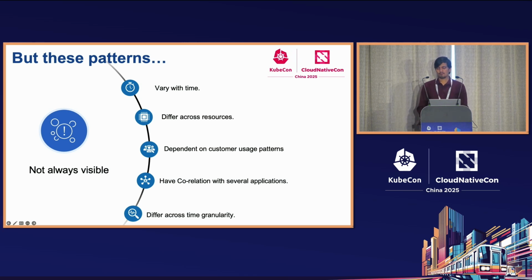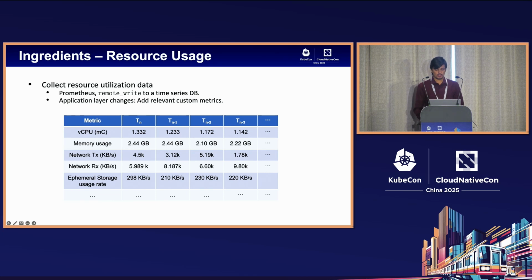And since we are building a platform, the first thing we should do right now is ingest and process data as the very first and basic step. So we start by ingesting the resource utilization data. One option is to do it with Prometheus using remote write to a time series database, something like TimescaleDB or something else.